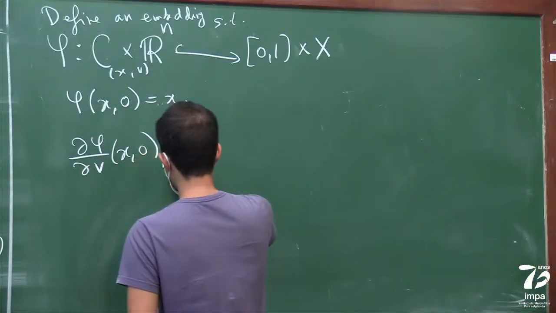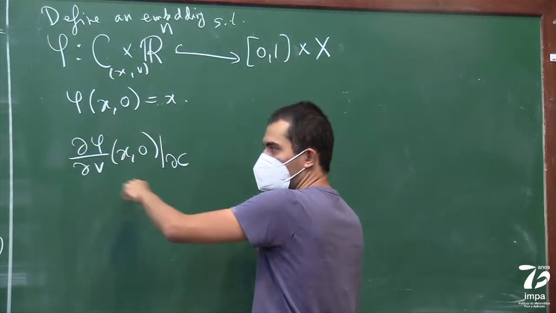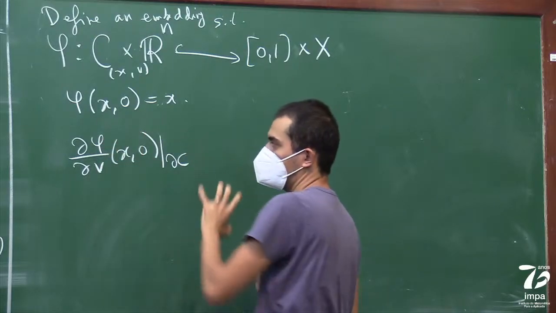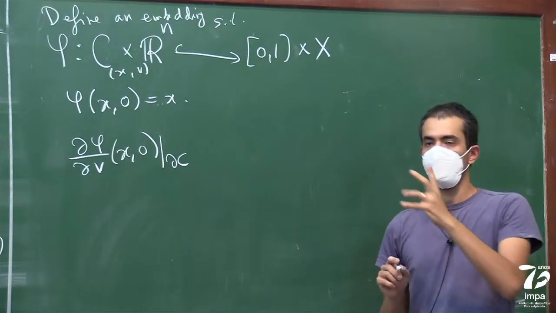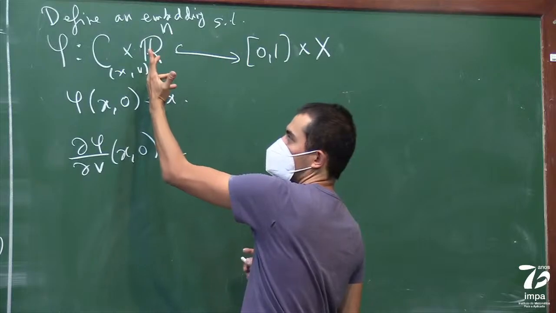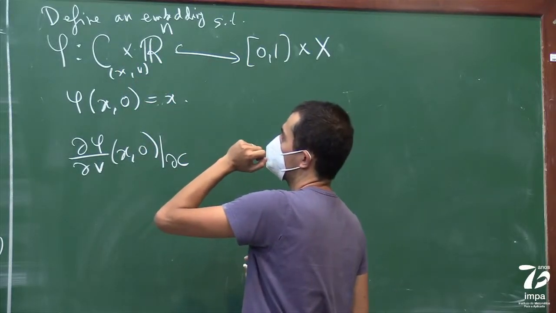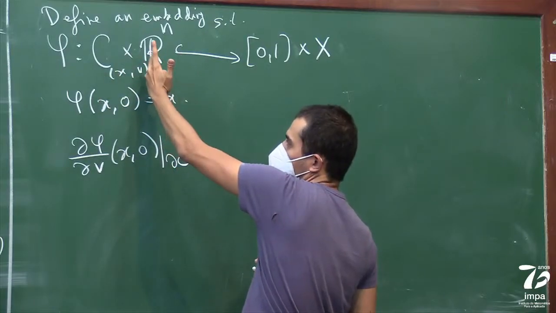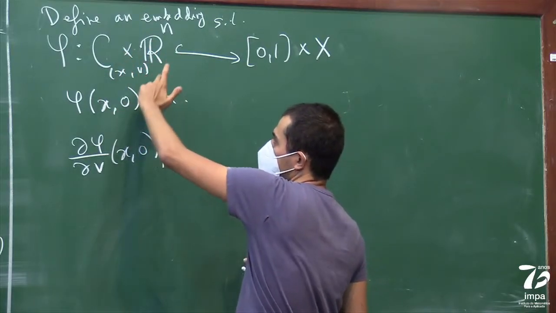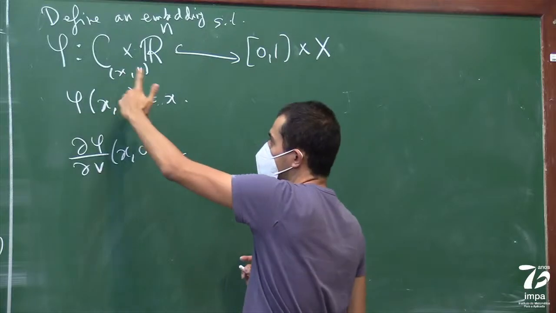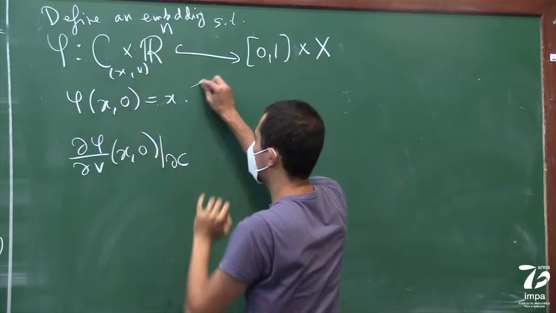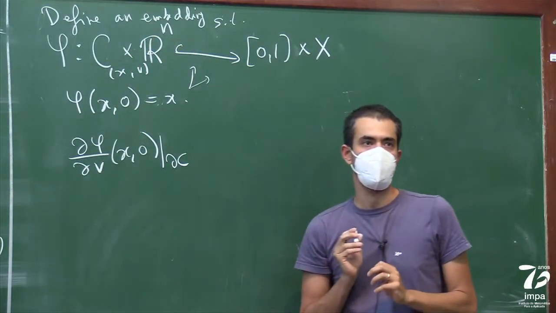So on the boundary of C, I want to fix this matrix. That's exactly what happens at 0 on this curve: that's the basis that's going to give this guy.